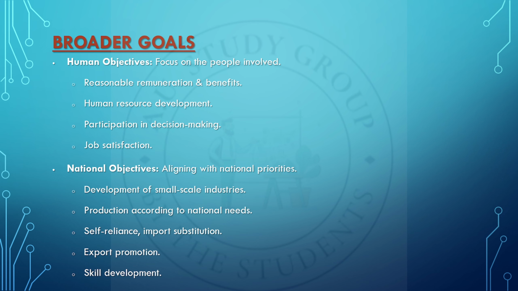Everything here is the human objective. Then apart from the human objective, we have the national objective. The national objective is aligning with the country's goals, like promoting export, developing skills, supporting small industries. This is also a business objective. So economic objective, societal objective, then human objective and national objective.